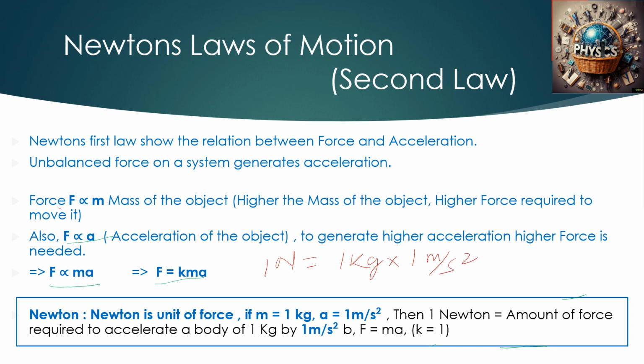In this case, k is equated to 1. So 1 Newton is nothing but the amount of force that is required to generate an acceleration of 1 meter per second square on a body of mass 1 kg. So that is what defines Newton, which is the SI unit of force.